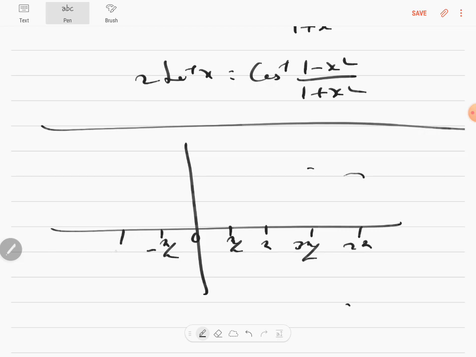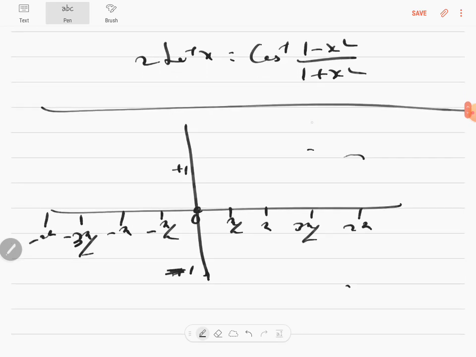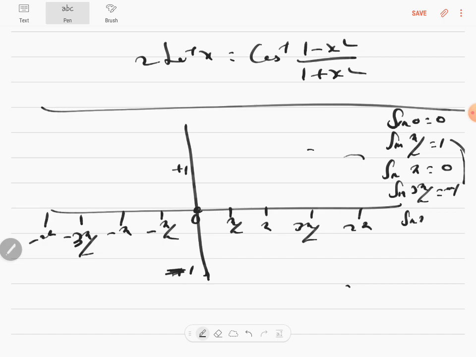And this will be minus pi by 2, minus pi, minus 3 pi by 2 and minus 2 pi, and this is plus 1, this will be minus 1, because 0 is 0. So if you're doing a sine graph, sine 0 is 0, sine 90 is 1, sine 180 is 0, sine 270 is minus 1. The values of sine always range between plus 1 and minus 1. Sine 2 pi is again 0.